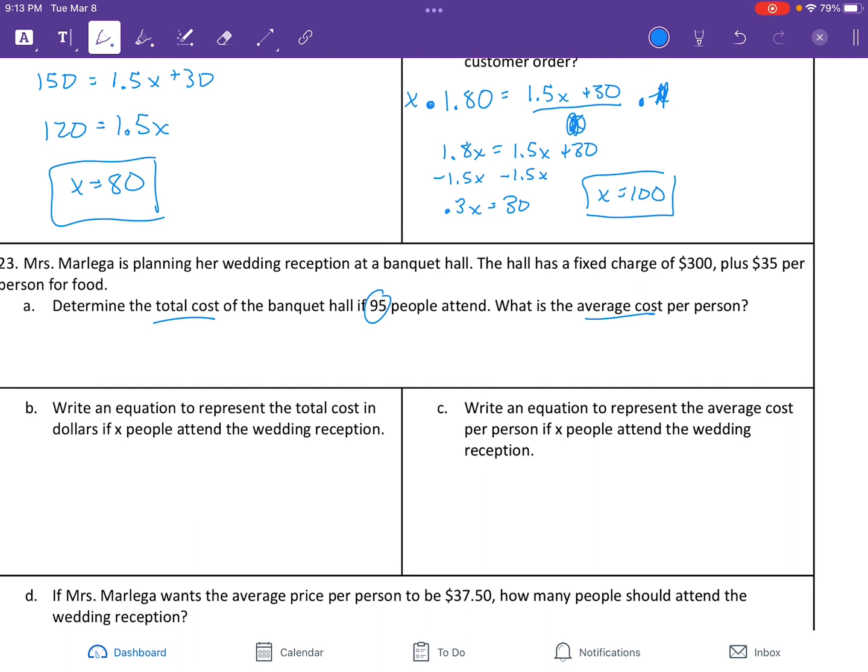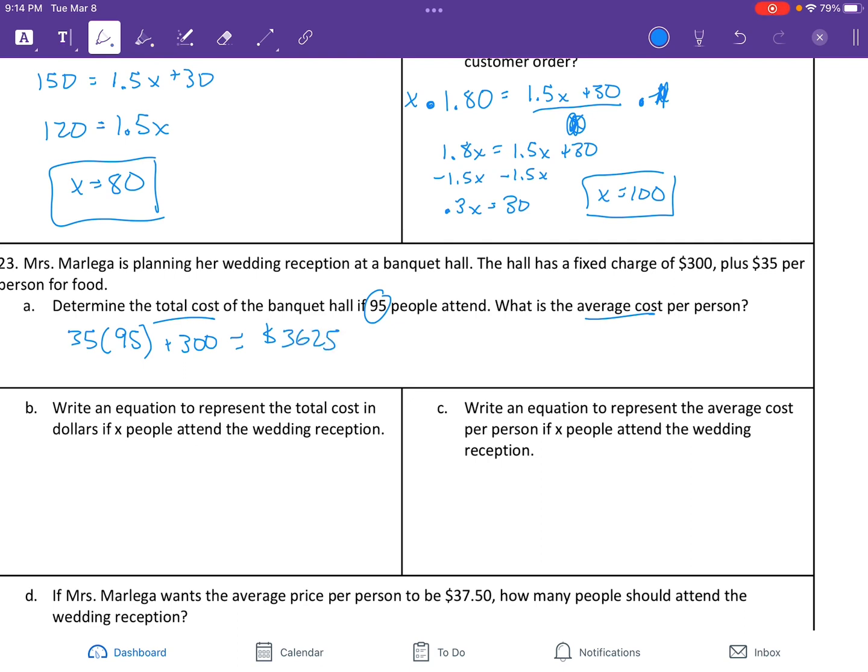So we have $35 per person. There's 95 people, plus $300 for the cost of the hall. So we have 35 times 95 plus 300, which gives us $3,625.